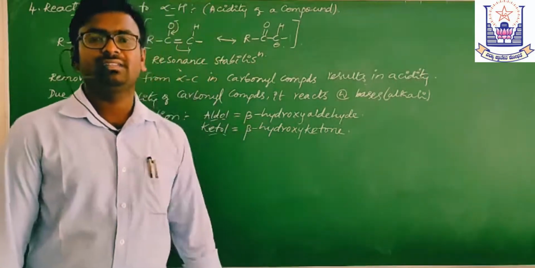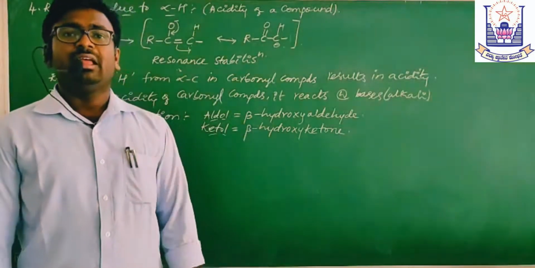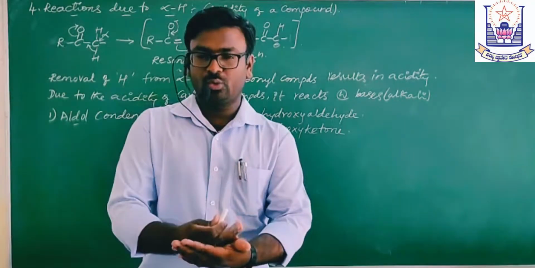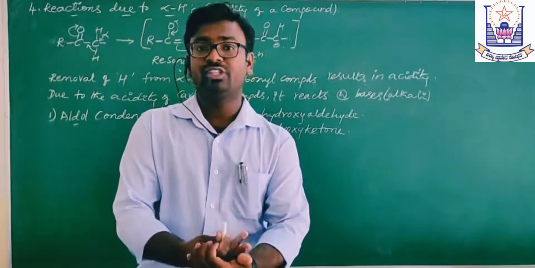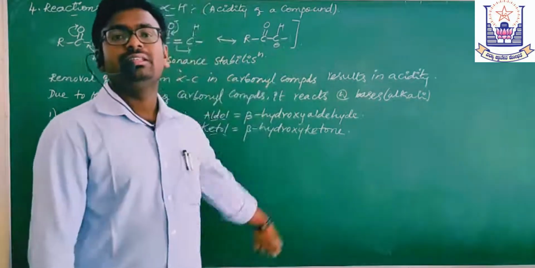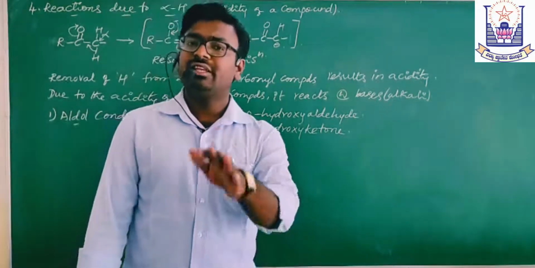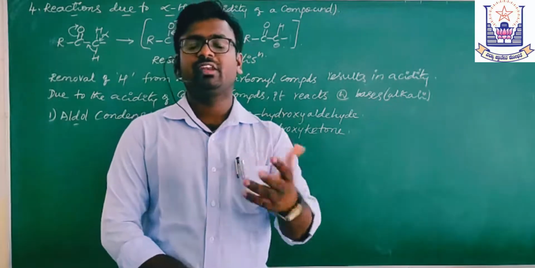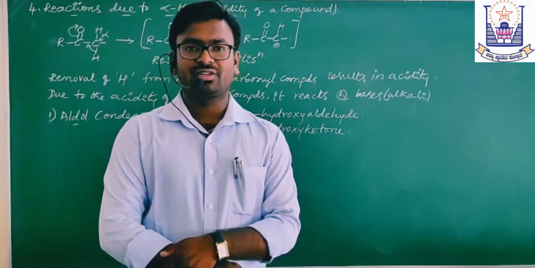Therefore, it is a condensation reaction. The aldehydes or ketones with alpha hydrogen can undergo this aldol condensation. If there is no hydrogen on the alpha carbon atom, then it cannot undergo this condensation reaction.